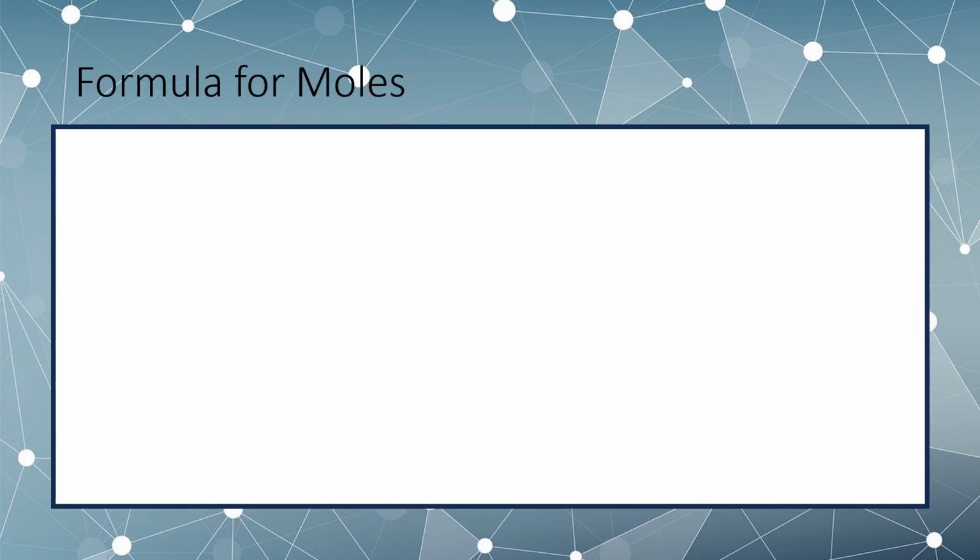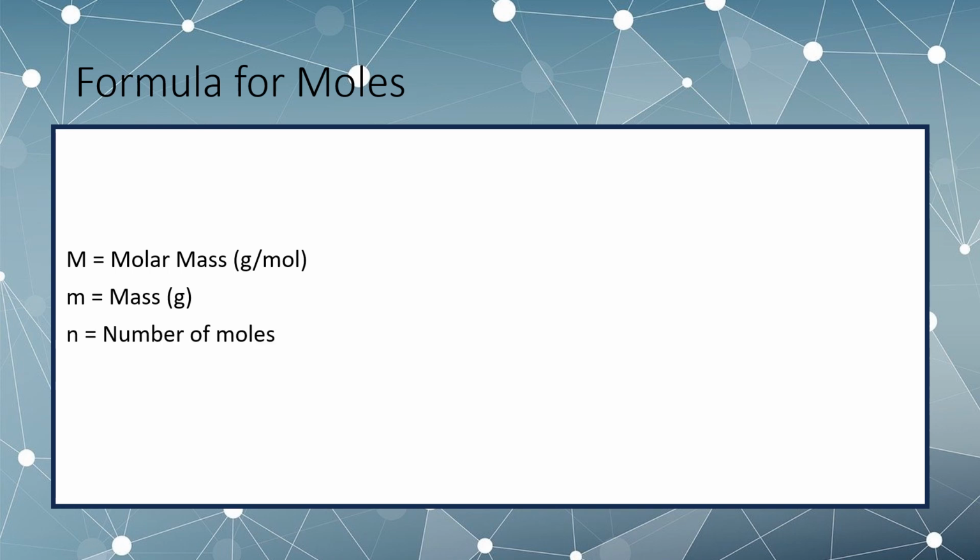We know that 1 mole of an element has a mass represented by its molar mass, which is represented by the capital letter M. And we know that mass of a substance can be represented by the lowercase m, we can represent the number of moles as n and create a formula to solve for unknowns in different situations.